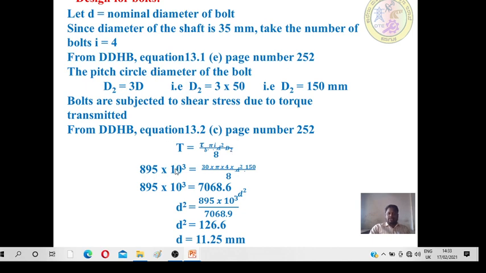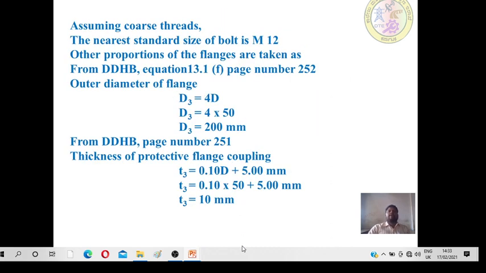Here this is the value of T or Tmax, and now we have to find the nominal diameter of the bolt. So substituting everything, you will get the nominal diameter of the bolt as 11.25 mm. So assuming coarse threads, the nearest standard size of the bolt is M12.